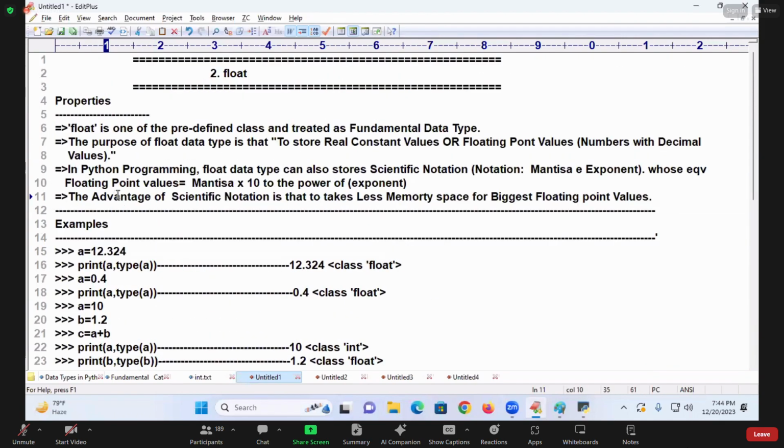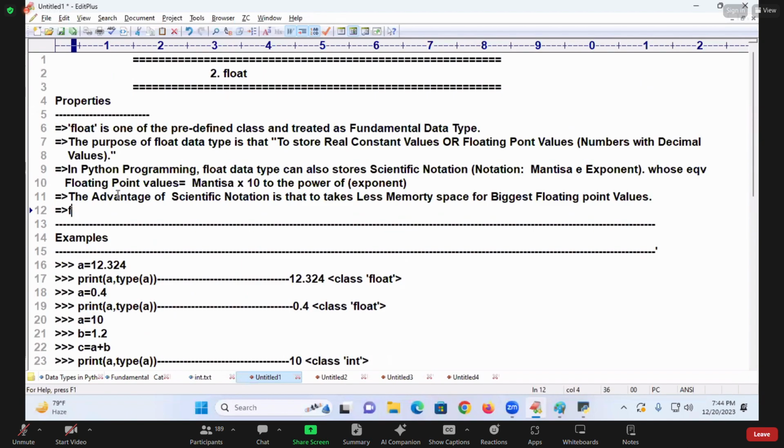Are you getting, students? So I'm writing here: float data type will not allow the programmer to use binary, octal, and hexadecimal values as floating point values.